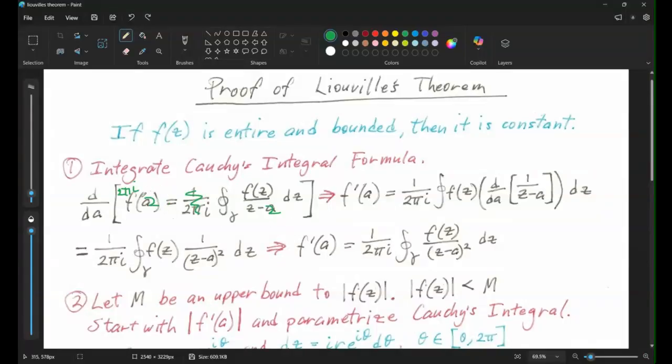It's going to be 2 pi i times f evaluated at 2. It can be any a, but if you're trying to deal with a singularity, Cauchy's integral formula is so much easier: 2 pi i times f evaluated at a, than trying to figure out how to actually do this integral.